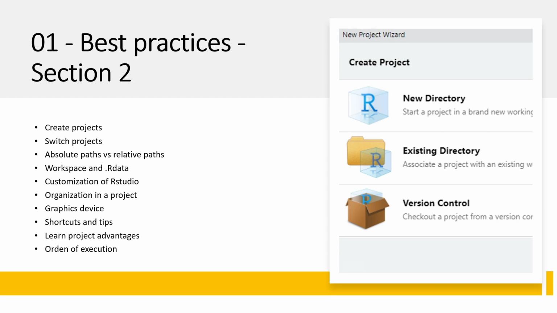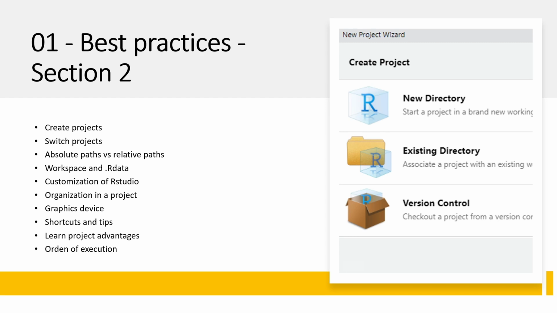We will talk about customization of RStudio. I will discuss how I organize my different files and folders inside a project. We will also talk about the graphics device that is used behind the scenes by RStudio and which I would recommend, and what the advantages of using it are.